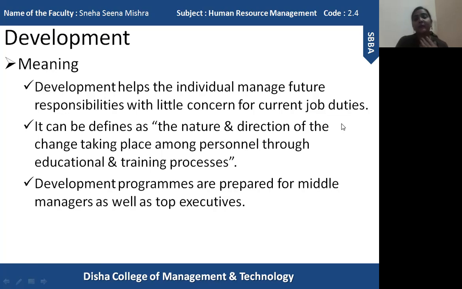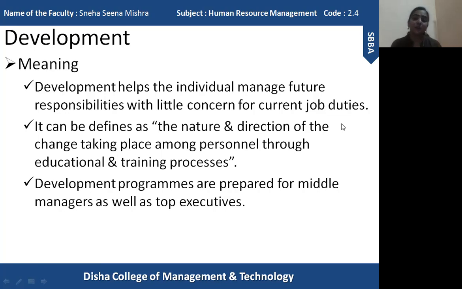So now you need to go through developmental programs so that you can get promotion in future, you can move ahead in your career without getting worried about your current job, because you're already trained for your current job. So you don't have any kind of worries related to that.